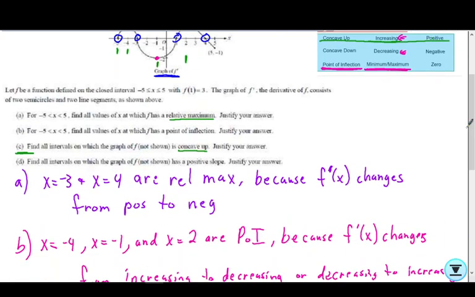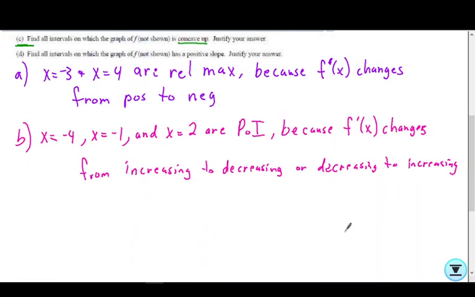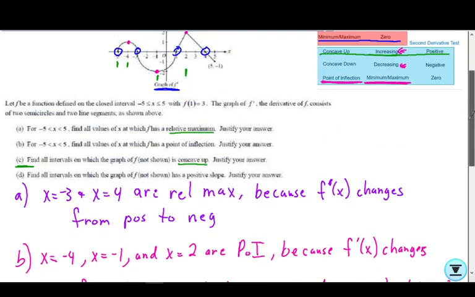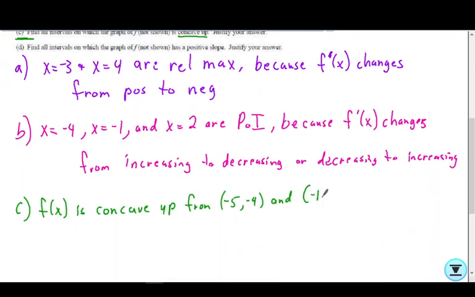So that's what we're going to write. Part C: f of x is concave up from -5 to -4, and from -1 to 2. Why? Justify.